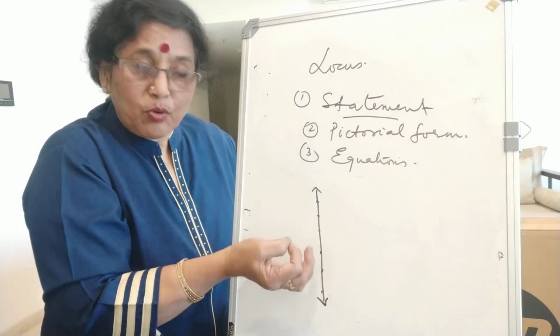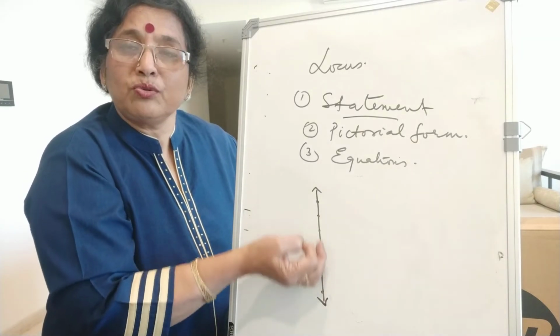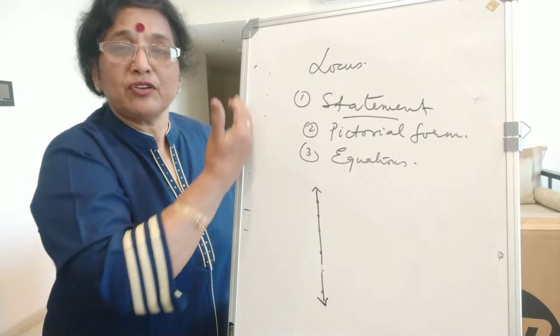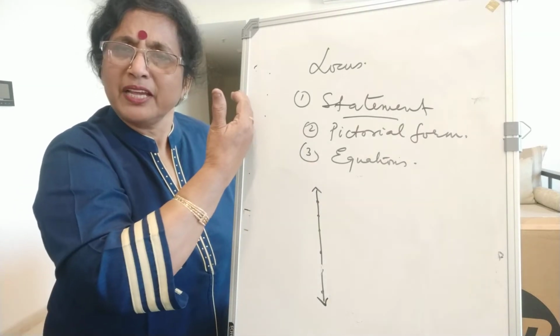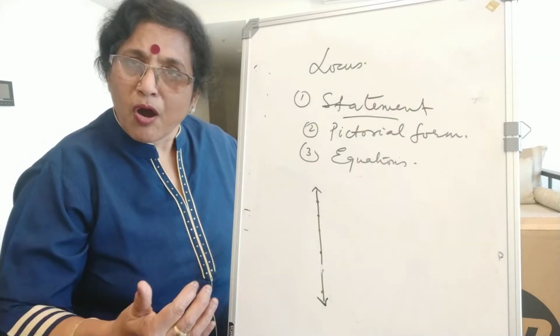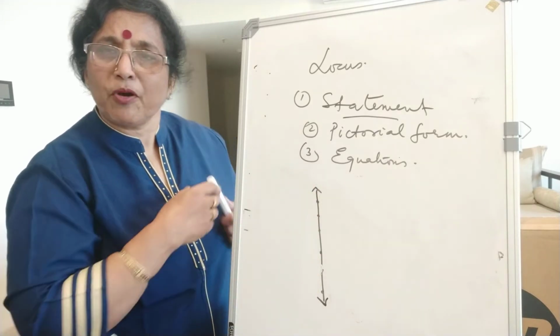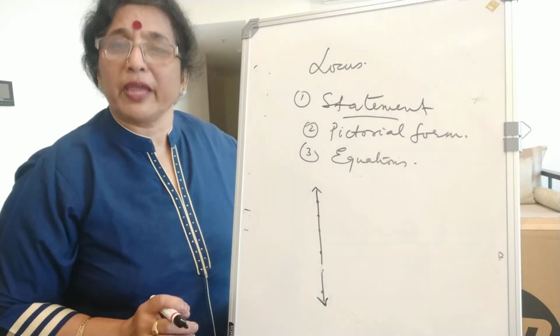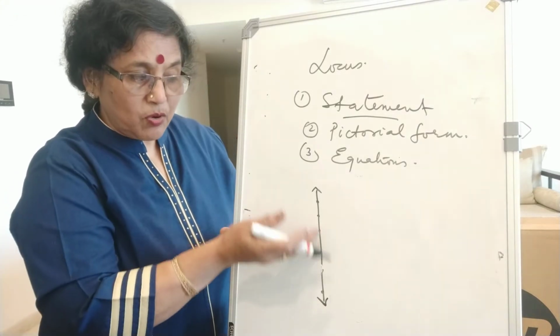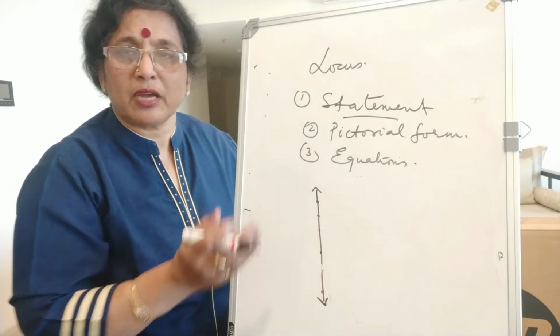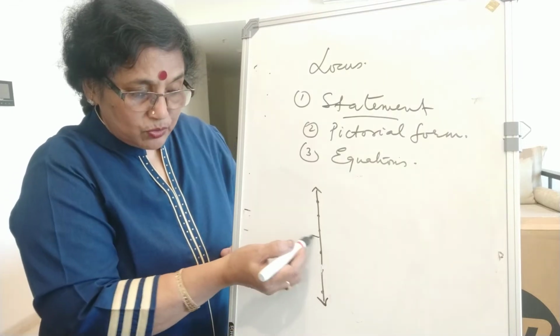So what is the locus of the point moving 2 centimeters from the edge of this board or edge of the page, okay, or from a wall? So you make at least 3-4 positions of that point, and it is going on moving. Okay, so this locus has no end point or starting point. So here is 2 centimeters.